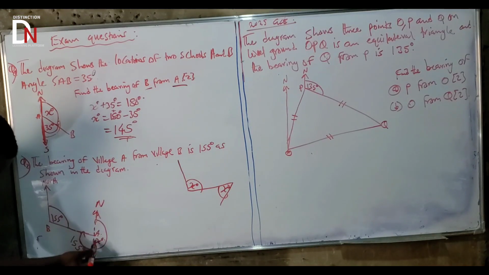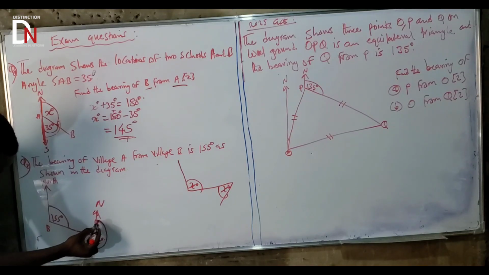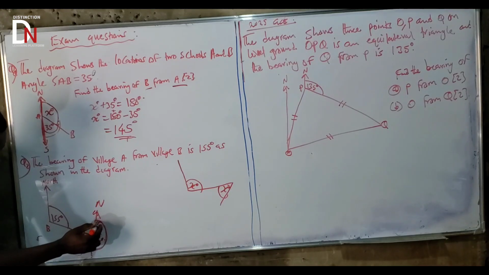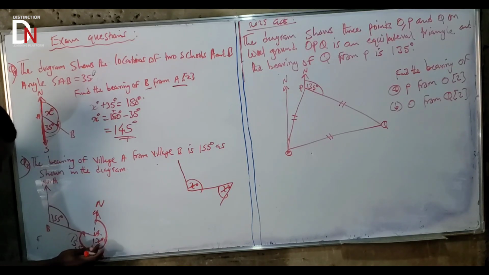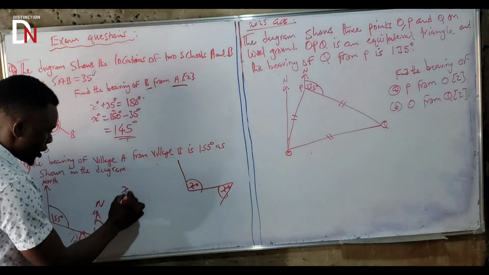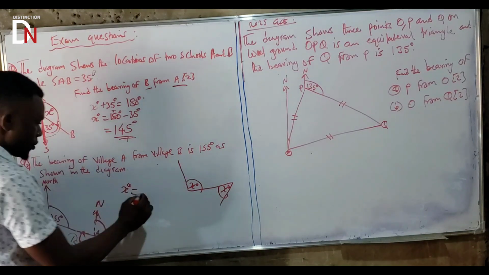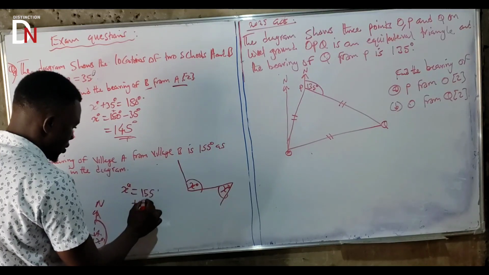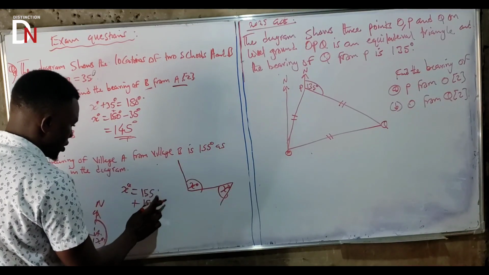But since this is straight, the angles on a straight line add up to 180. So the whole of this is 180. From there up to this point, this is 155. So the total for this angle which I'm looking for, x degrees, is 155 plus 180 degrees.